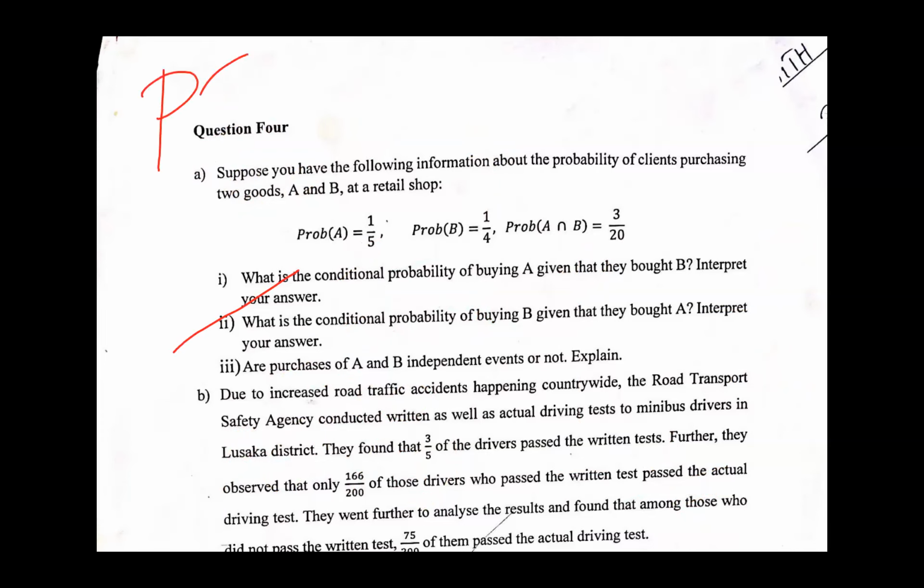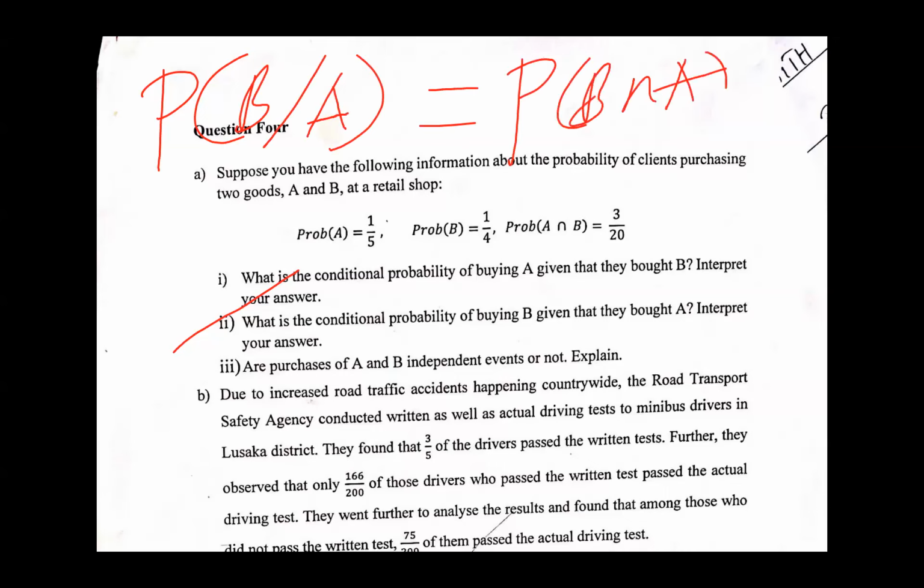A is the denominator. So it shall be the probability of B intersection A over the probability of A. What is the probability of A intersection B or B intersection A? 1 over 4 times 1 over 5.